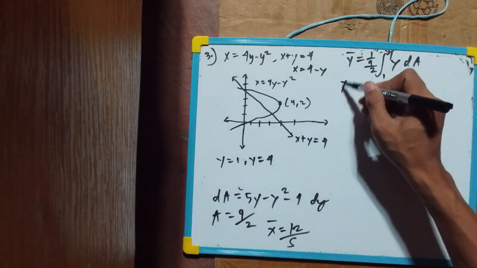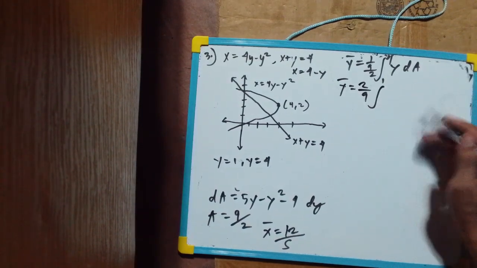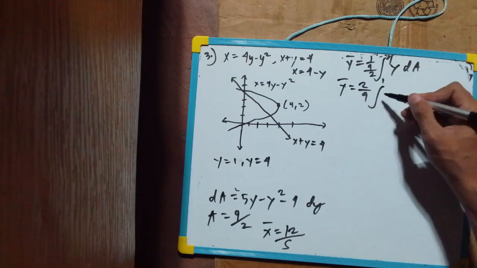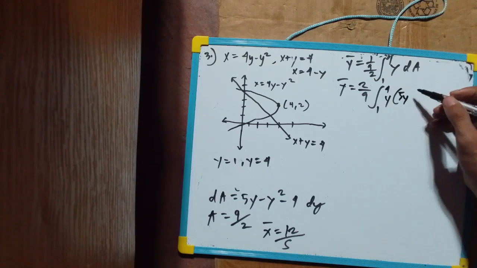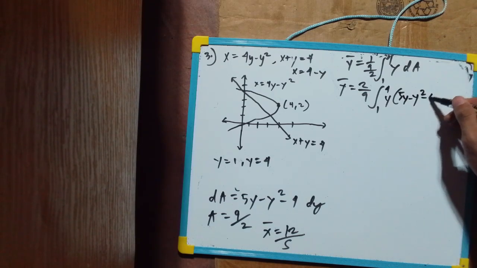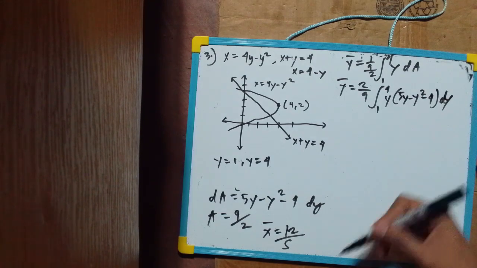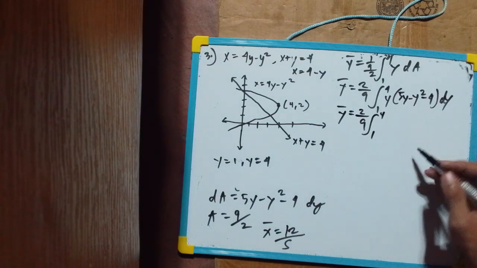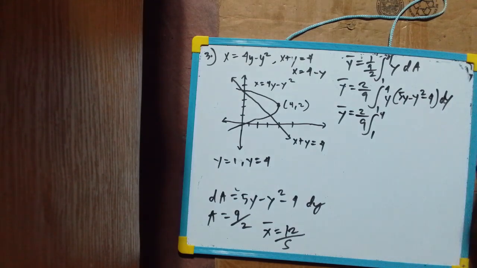So y mean is equal to 2 over 9 integral of y times dA, which is 5y minus y squared minus 4y. So y mean is 2 over 9 integral of distributing this y to 5y minus y squared minus 1.